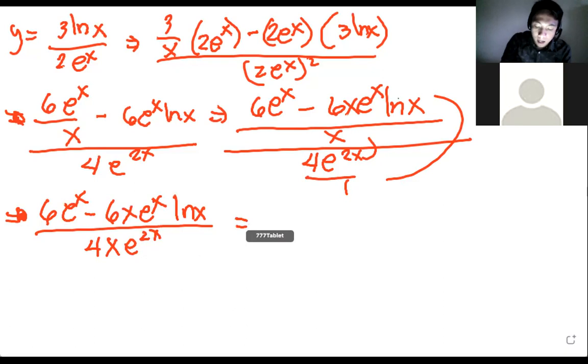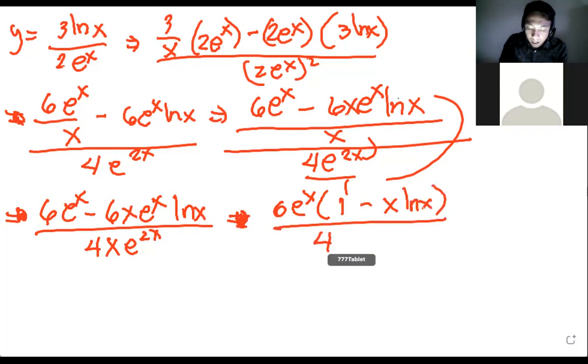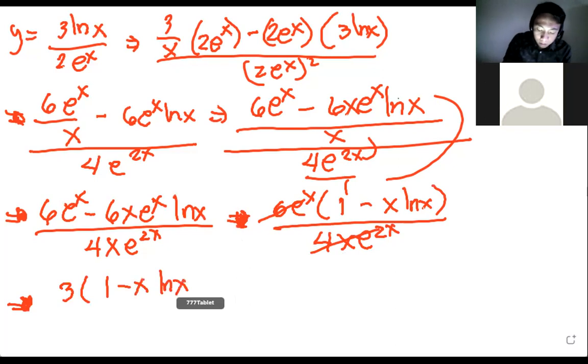Okay? And then, nalabas ko yung 6e raised to x, right? 6e raised to x times 1 minus x ln x all over 4xe raised to 2x. Okay? And then go here. Down again here, it will become, so I will just cancel this, and they will become 3, 1 minus x ln x.